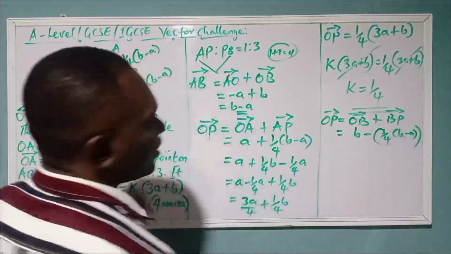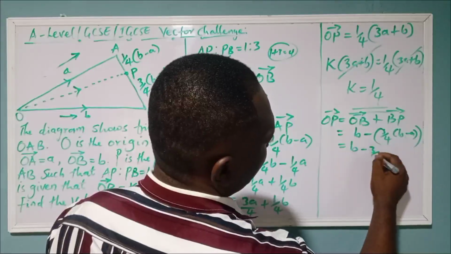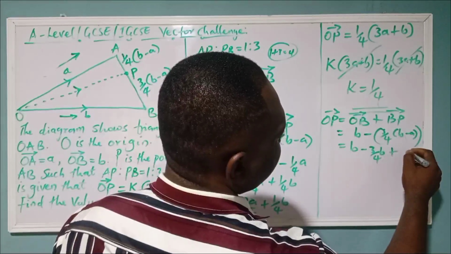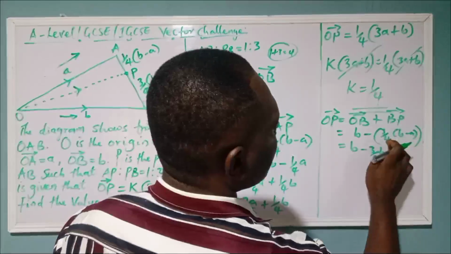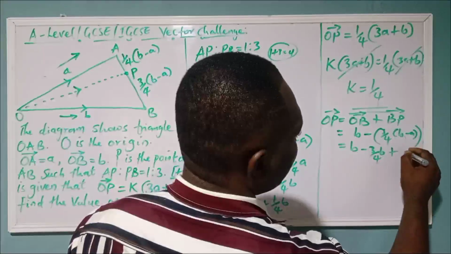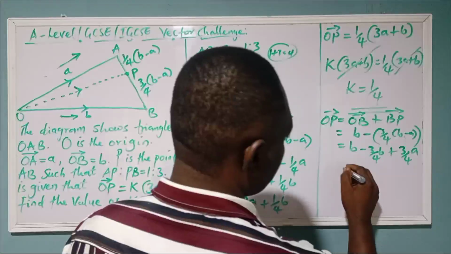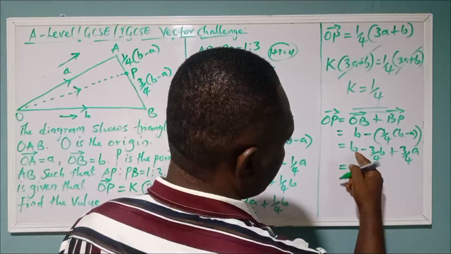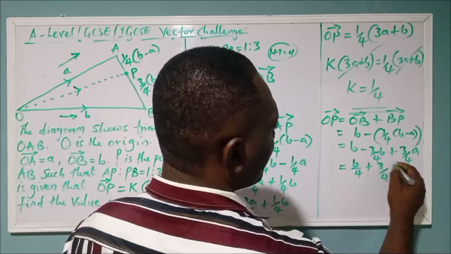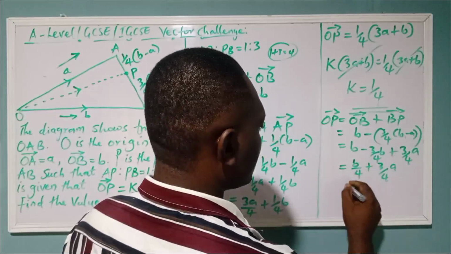Okay, so let's expand the bracket now. We have B, then this will give you minus 3/4 B. Minus times minus will give you plus 3/4 times A, which gives you 3/4 A. Let's work this out. 4B minus 3B will give you B/4, then plus 3/4 A. So let's factorize 1/4 and rearrange this equation.